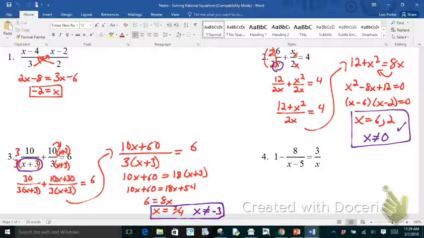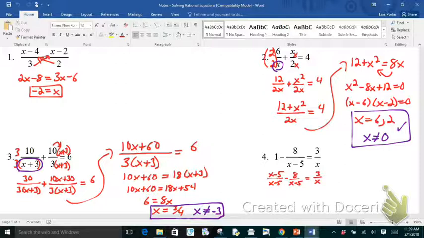Alright, just in showing you how I hope that our fluency has picked up, we have on the left hand side an x minus 5 in the denominator, so I'm going to call it x minus 5 over x minus 5 minus 8 over x minus 5 and set that equal to 3 over x.